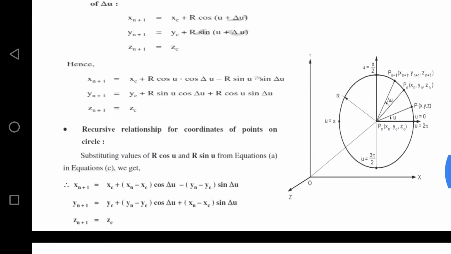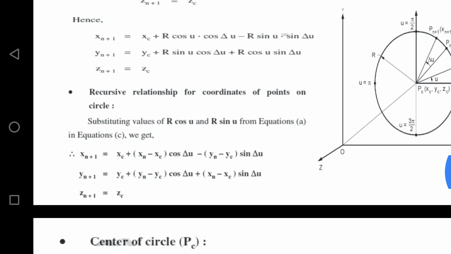So if I substitute r cos u as xn minus xc and r sin u as yn minus yc, I am going to get the xn plus 1 equation as xc plus (xn minus xc) cos delta u minus (yn minus yc) sin delta u, and yn plus 1 will be yc plus (yn minus yc) cos delta u plus (xn minus xc) sin delta u, where xn, yn and zn are the coordinates of point Pn and xc, yc, zc are the center point.